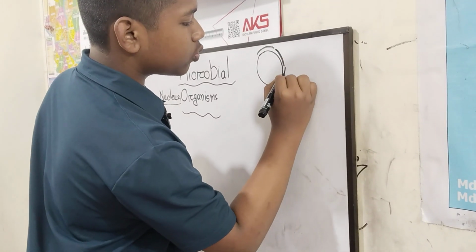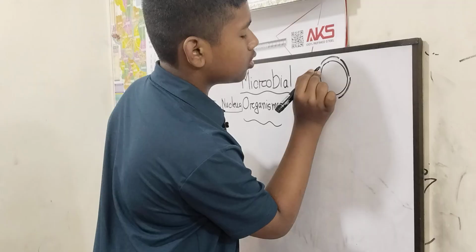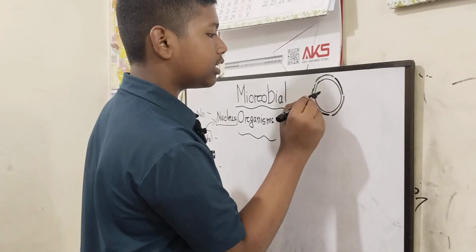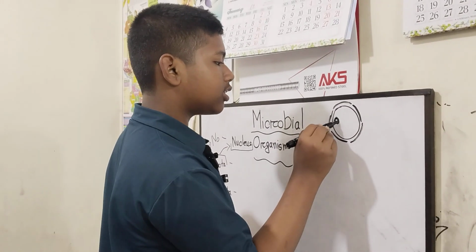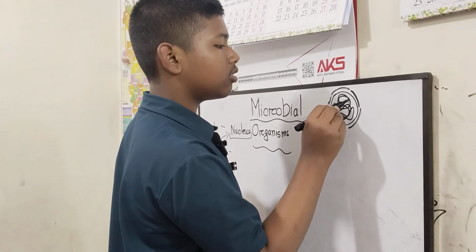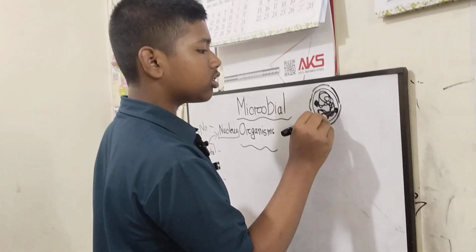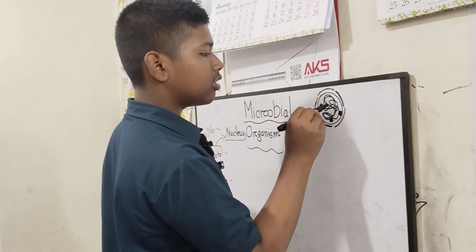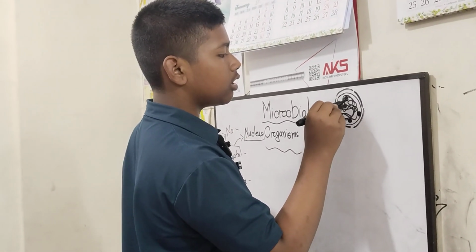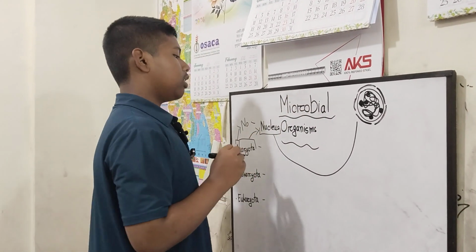These are called the nuclear membrane. And inside we have the nucleolus, and inside we have the chromatin fiber. But sometimes the chromatin fiber may get small dots like these. There is also the nucleolus. So this is a nucleus.